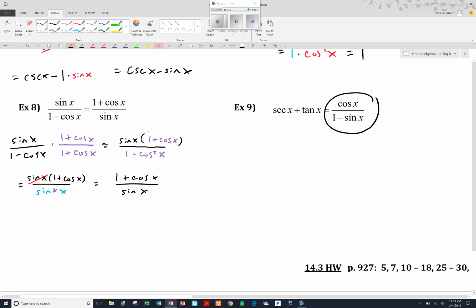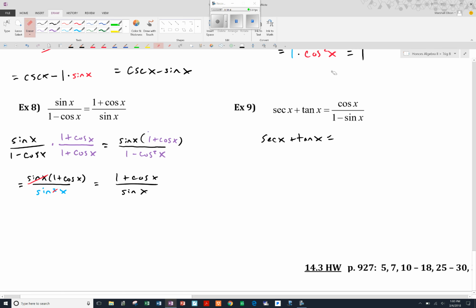I'm not going to start with the right-hand side here and multiply by the conjugate, but I could. That'd probably get us to this left-hand side. But I want to show you some different methods here. So we're going to start with the left-hand side and try to get to that right-hand side, kind of the way that we've done so far. I see only cosines and sines over here.